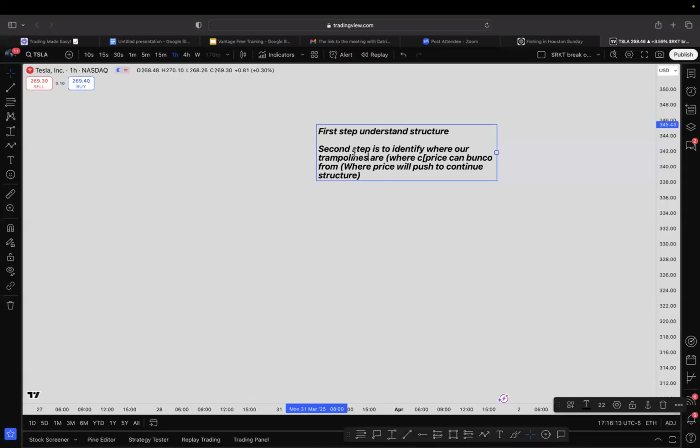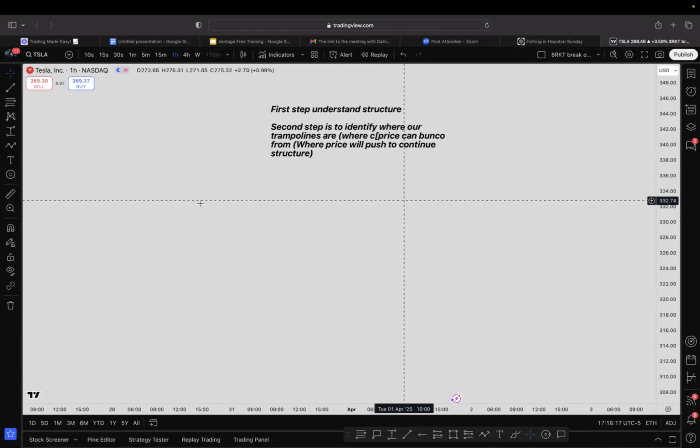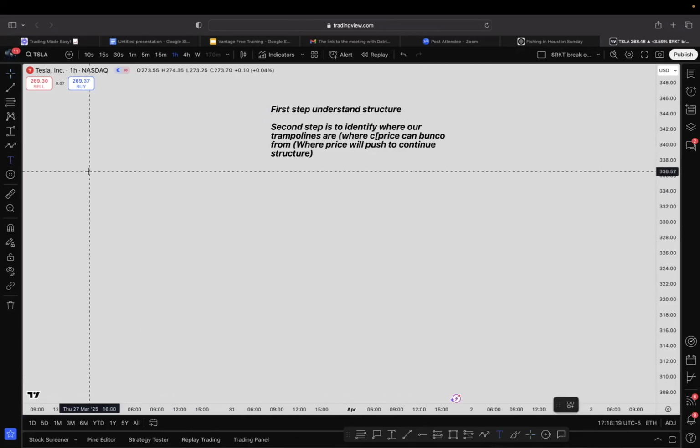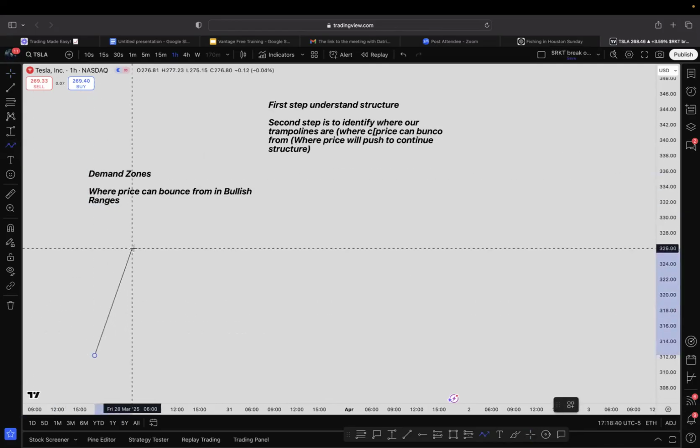Jeez, I cannot type. So within bullish, we have demand zones. Literally think of this as where price can bounce from in bullish ranges. So, example.